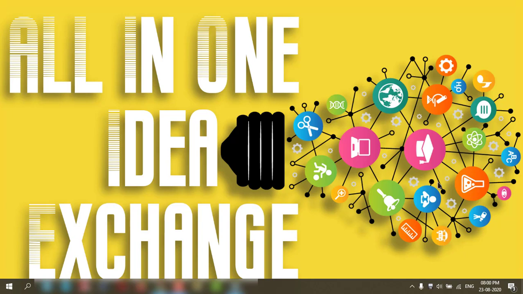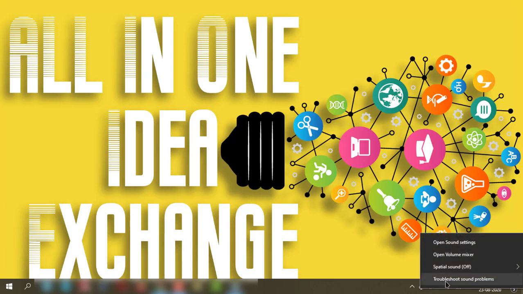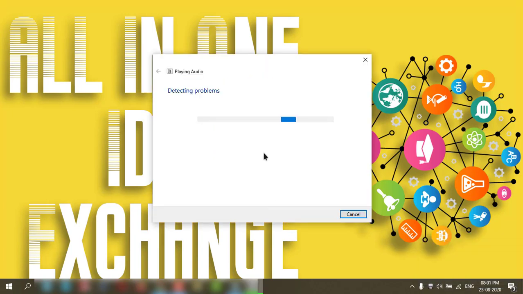Headphone is not working in Windows 10. For that, you need to click on the speaker icon and right click and select troubleshoot sound problem. This will automatically detect your issue and fix the error.